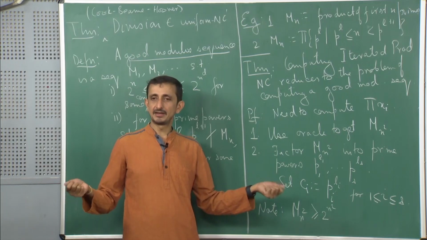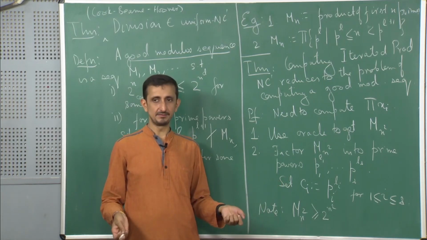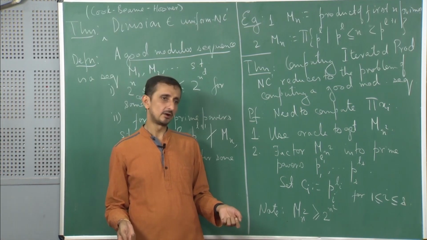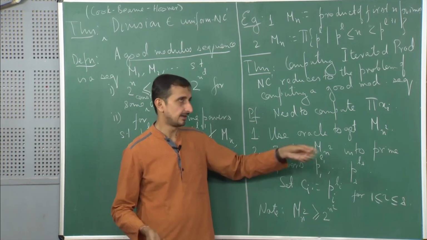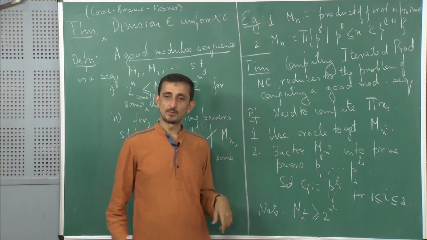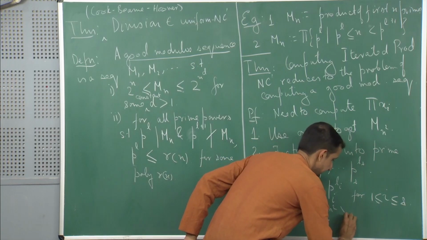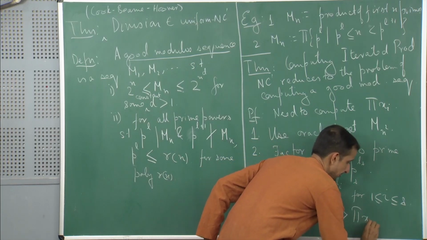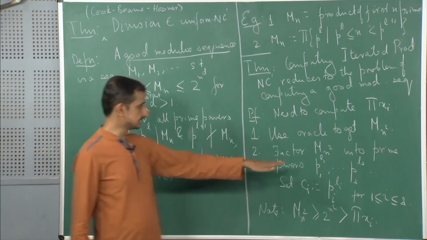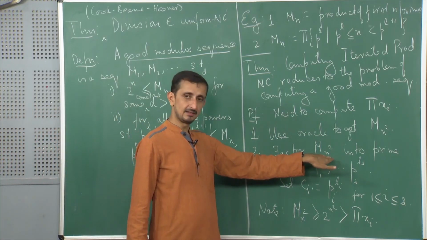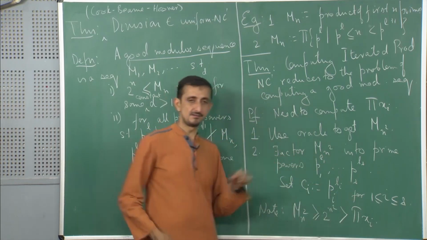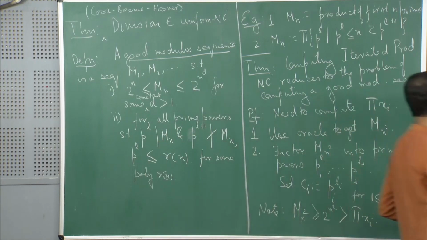There are n of them that I am multiplying. So, how large can the product be? It is at most 2 to the power n square, strictly greater than the product of xi. So, basically this term that I am factoring is bigger than the product. In other words, the product is bounded by this thing.